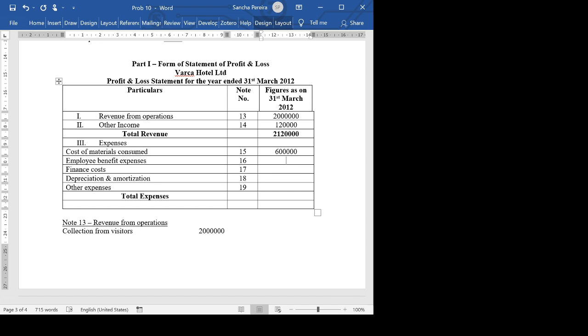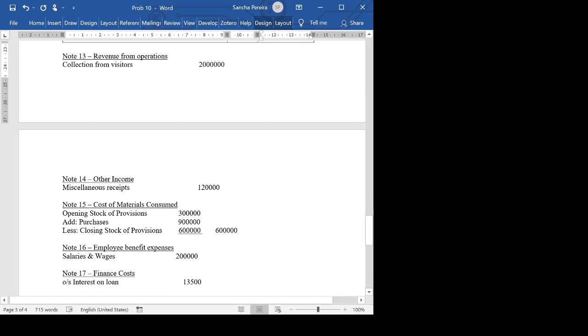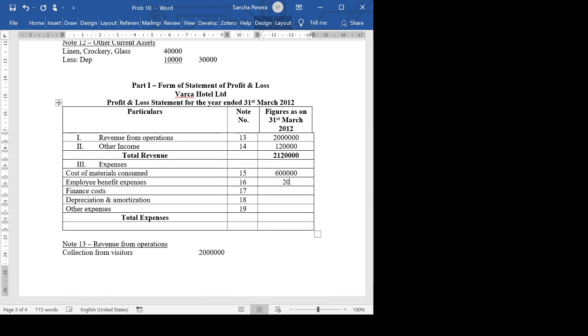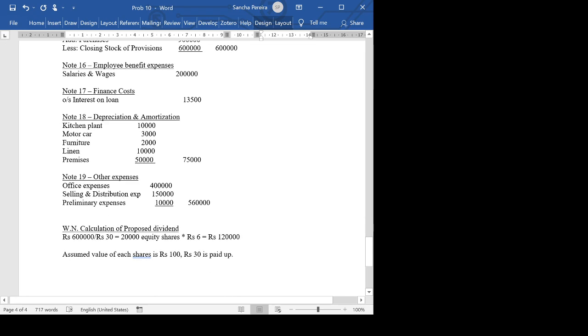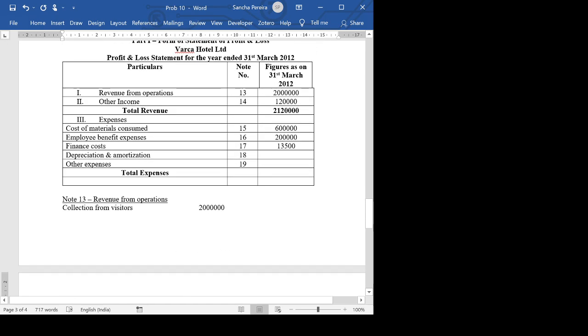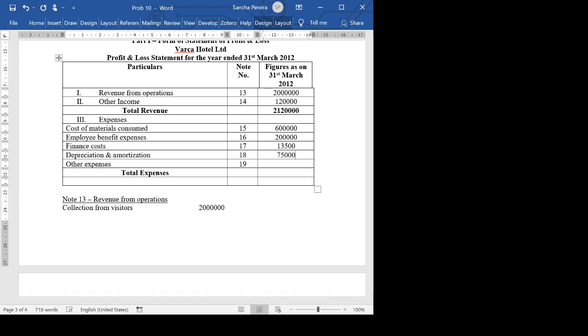Employee benefit expenses come to 2 lakhs. Finance costs is 13,500, just that outstanding interest. Depreciation comes to 75,000, and other expenses 5,60,000.